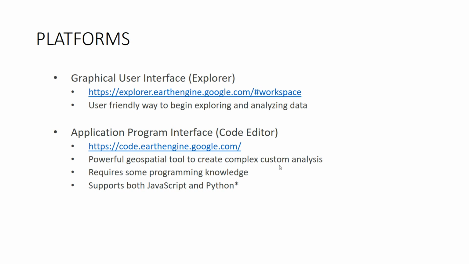Before you announce to someone that you are going to use Google Earth Engine, please visit this explorer and check what kind of data is there. Check whether the data that you need for your study is there. If it's there, jump in because it's user friendly. You don't have to sweat.